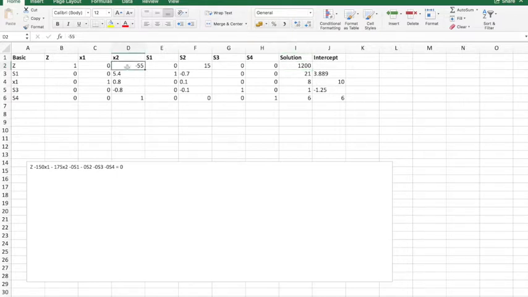That is this minus 55, and therefore I use this as my entering value and change S1. So S1 becomes my leaving value. Okay, so this becomes x2.